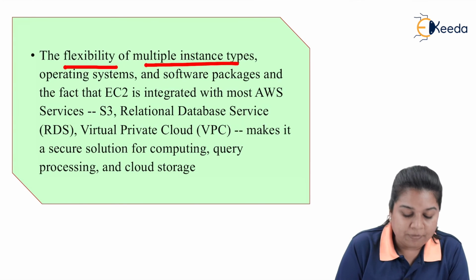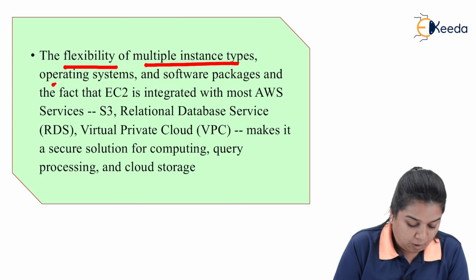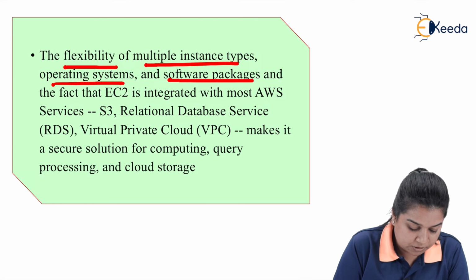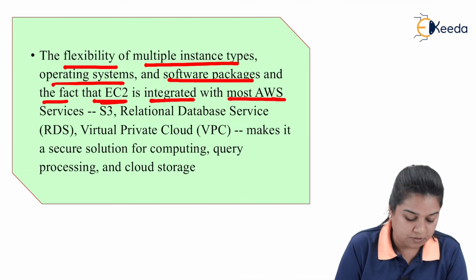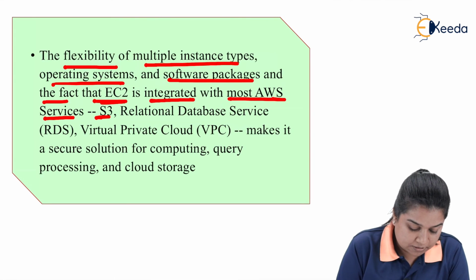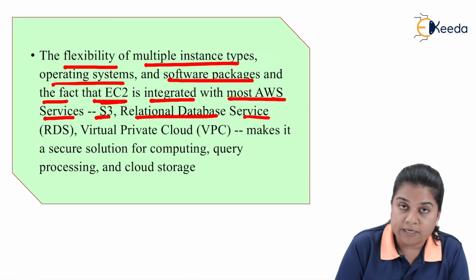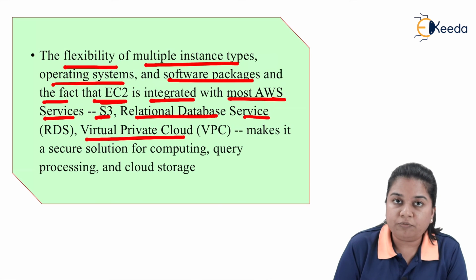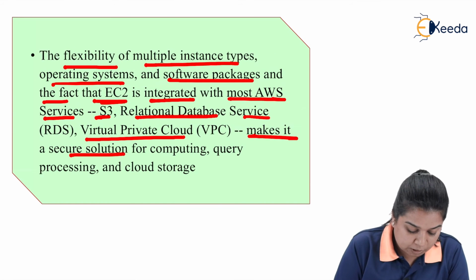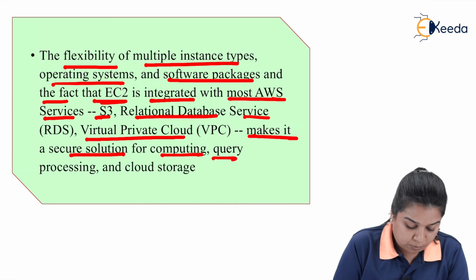The flexibility of multiple instance types, operating systems, and software packages, and the fact that EC2 is integrated with most Amazon Web Services, S3, Relational Database Service RDS, and Virtual Private Cloud VPC, makes it a secure solution for computing, query processing, and cloud storage.